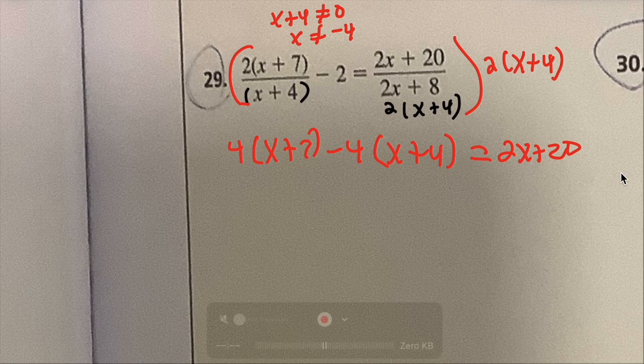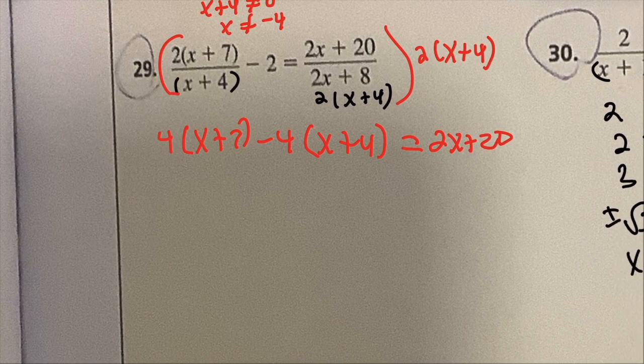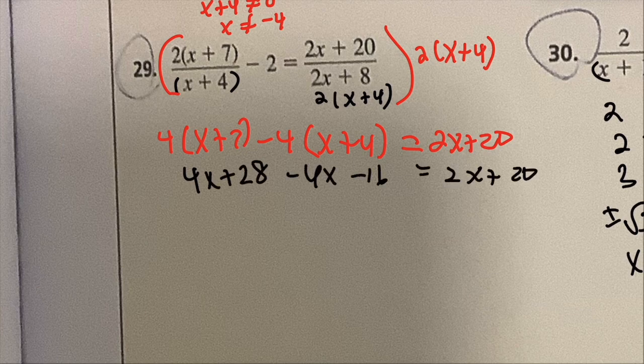Now, once we've done that, it's just a matter of my suggestion. Let's multiply everything we can. Let's try to solve it. Let's see what kind of equation it really is. So we get 4x plus 28 minus 4x minus 16 equals 2x plus 20.